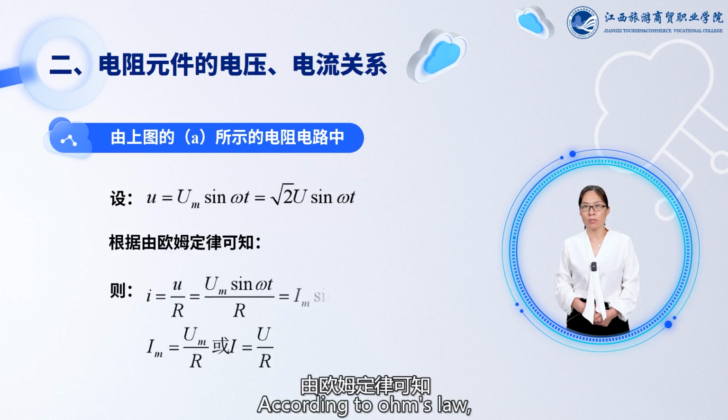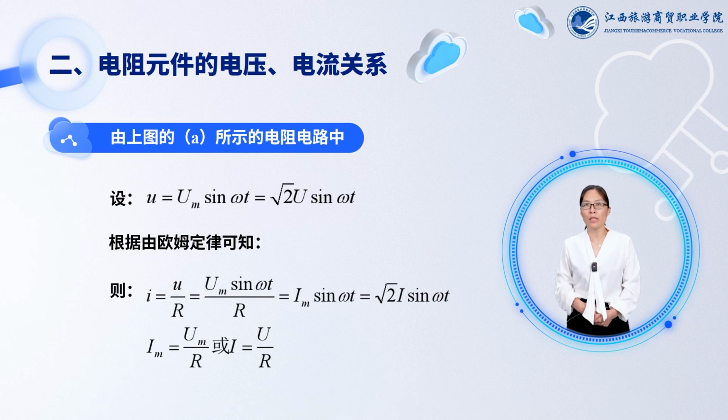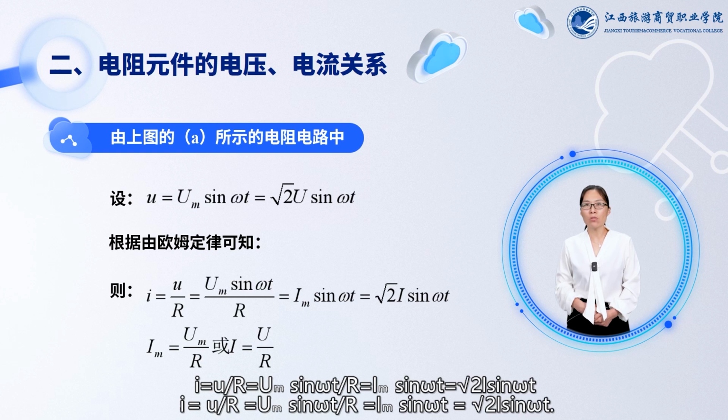According to Ohm's law, the current flowing through the resistor R, i equals u over R equals Um sine omega t over R equals Im sine omega t equals root 2 times I sine omega t.